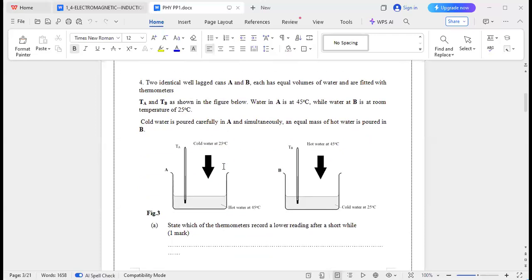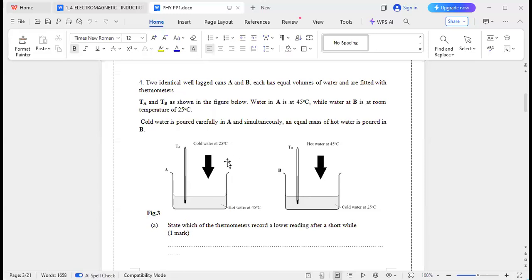Number 4, 2 identical well-lagged cans, A and B, each has a volume of water and are fitted with thermometers, TA and TB, as shown in the figure below. You can see this is A, this is B, TA, TB. Water in A is at 45 degrees Celsius, while water in B is at room temperature. I think they've been interchanged.